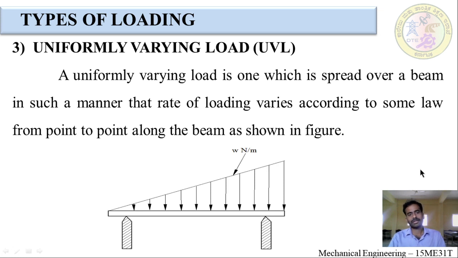As the figure shows, at this point there is a minimum load and it starts increasing gradually from this point, and it is maximum at this point. So it varies uniformly from this end to this end of the beam. It is represented by W Newton per meter.